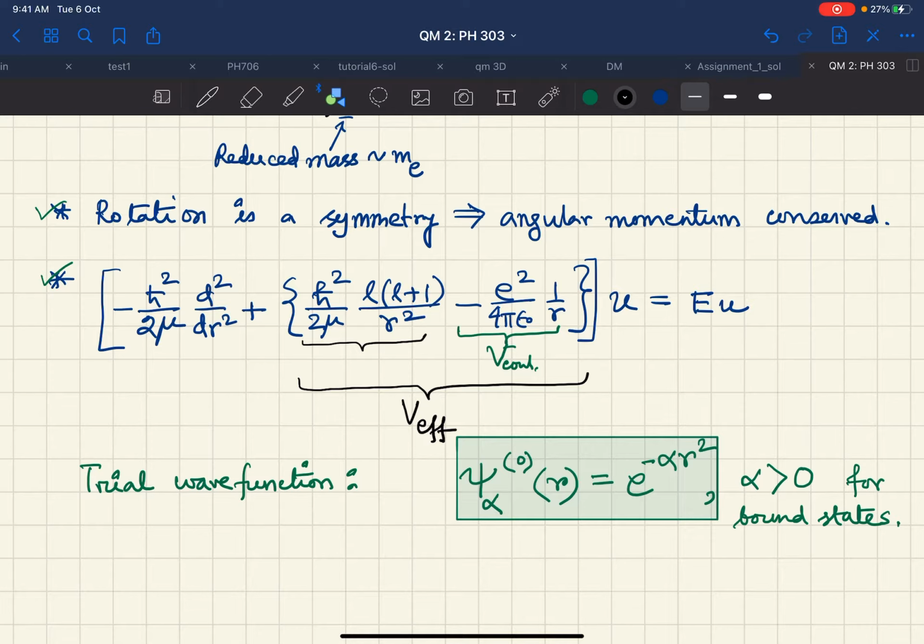So now this is the ground state trial wave function, and as it is visibly clear, it satisfies all the symmetry requirements of the ground state of the hydrogen atom, where this alpha represents a variational parameter. Now we come to the three-dimensional problem. The last problem that we solved, the harmonic oscillator problem, was in one dimension only.